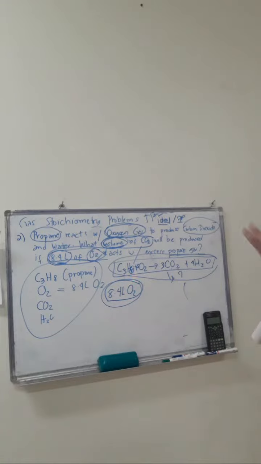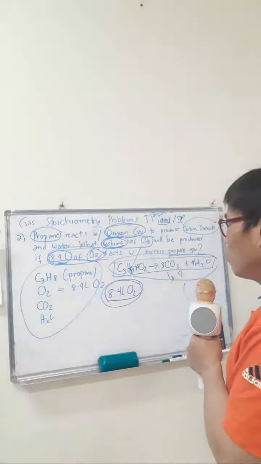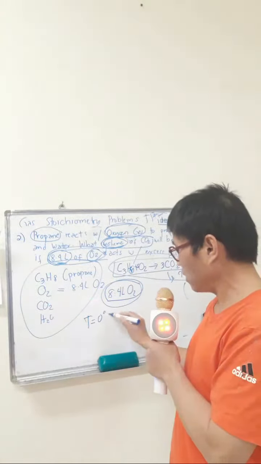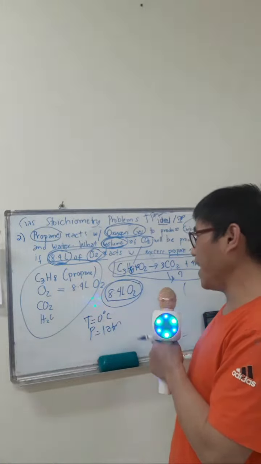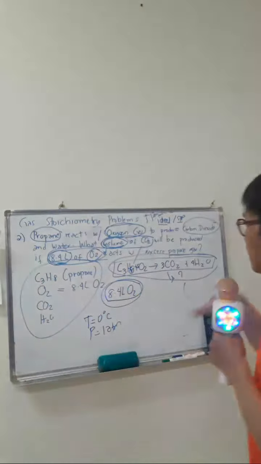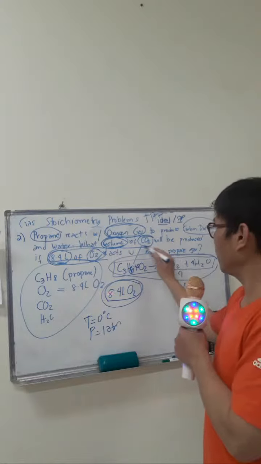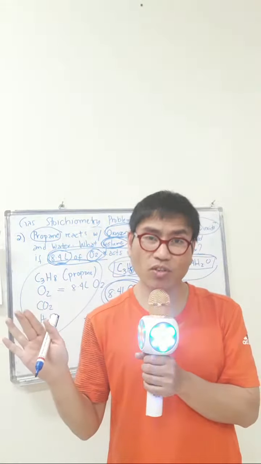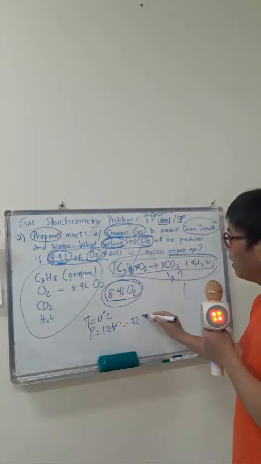Now, since it is a complete combustion, we need to use the relationship of temperature equal to 0 degrees Celsius and pressure equal to 1 atmosphere. For every 1 mole of an ideal gas, carbon dioxide being mentioned here, it will occupy 22.414 liters. Why?